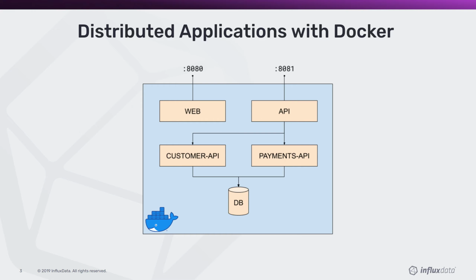So the problem we have is that we don't know these IP addresses for, say, the customer API and the payments API until they start, and then we can ask Docker what their IP addresses are, which would mean we'd have to start these things in order. So start the database, get its IP address, configure the payments and customer API and give them the IP address.